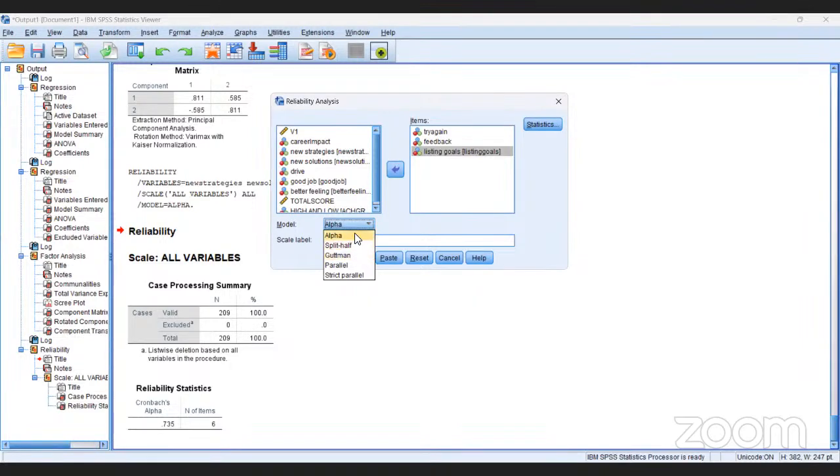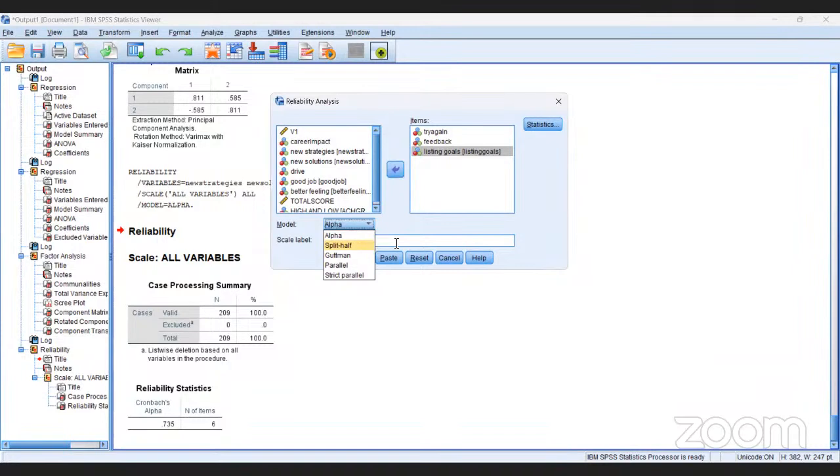So there are different models. Basically, these are the statistical techniques from which we get the reliability coefficient. And for that reason, the data collection procedure and the questionnaire arrangement will be different.